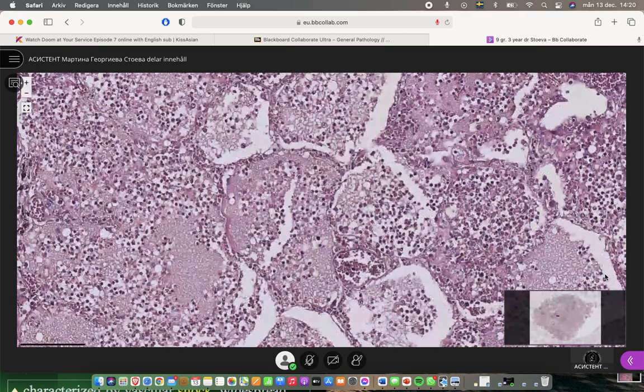Within the septae, we can find dilated vessels from the microcirculation, which are filled with erythrocytes. This is again hyperemia that is characteristic for all the variants of acute inflammation.